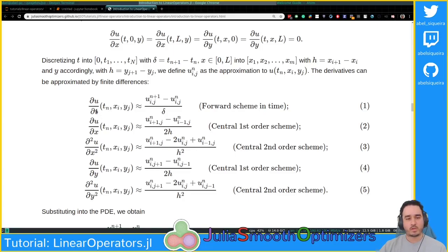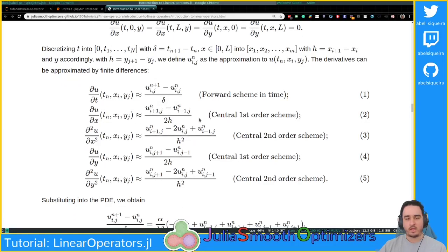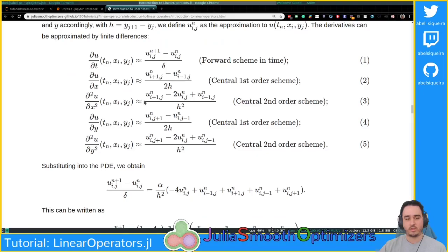And we're gonna approximate the derivatives according to these rules here. We're gonna use the forward scheme in time to approximate the derivative in time at the point n, i, j, using this forward difference. And the other differences are here. Okay, I'm not gonna go into details.